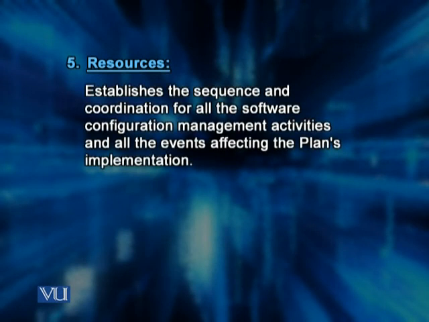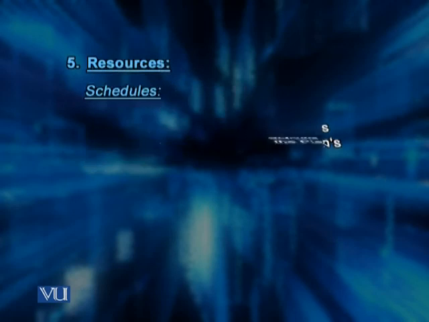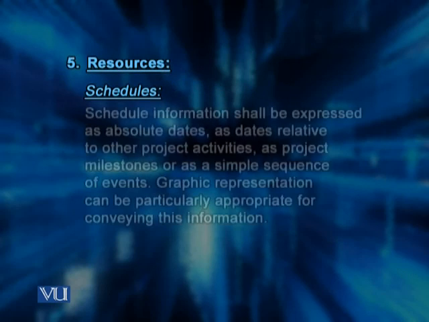This section establishes the sequence and coordination for all software configuration management activities and all the events affecting the plan's implementation. The first subsection within this section is titled Schedules.